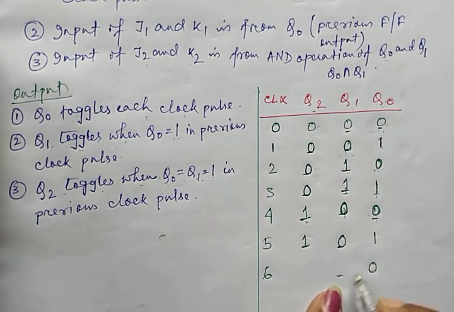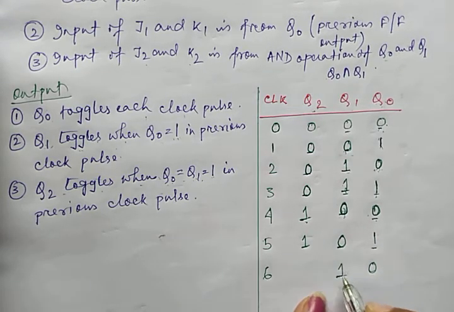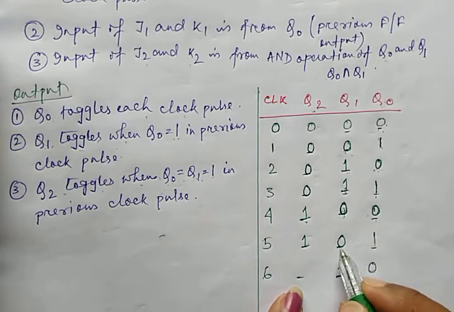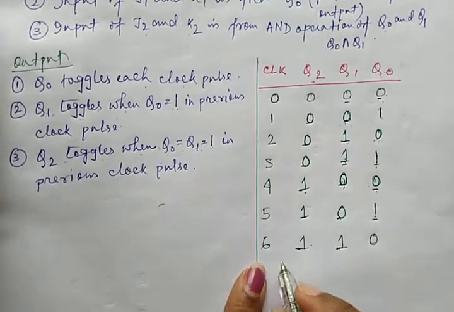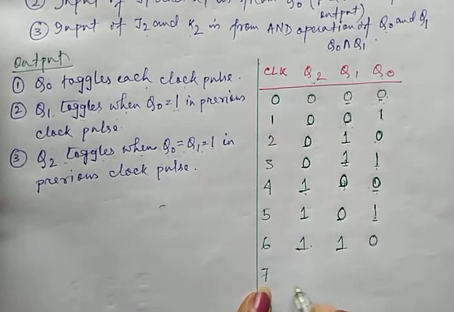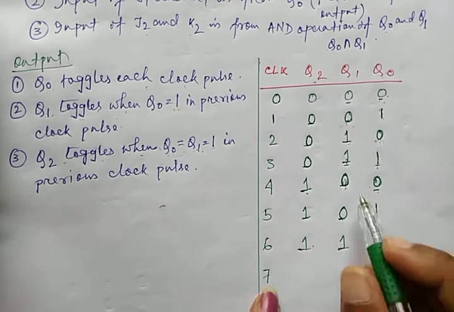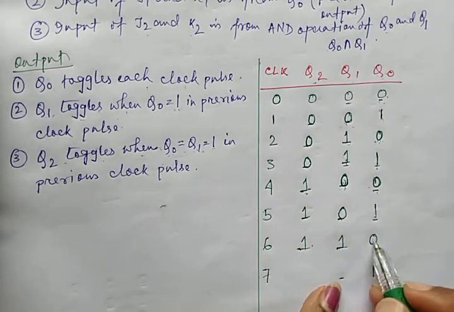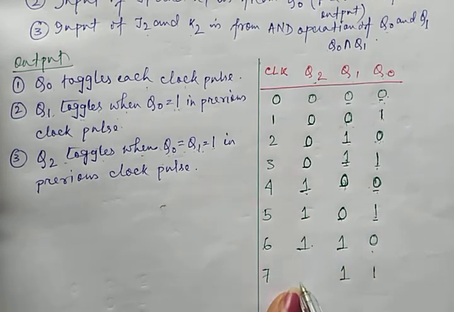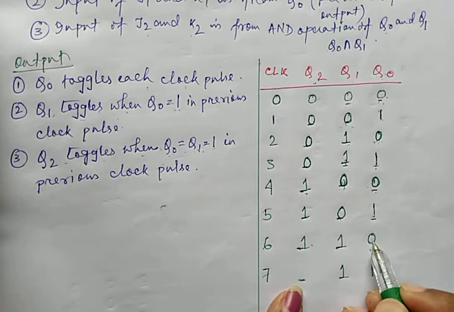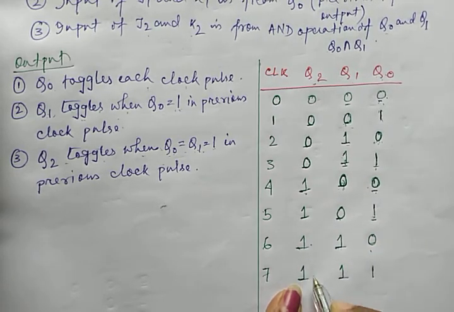For Q1, Q0 is 1 in the previous state, so it will again toggle. For the Q2 value, Q0 and Q1 both are not 1, so it will not change. For the next clock pulse, Q0 toggles, that is 1. For Q1, the previous value of Q0 is 0, so it will not change. For Q2, the previous values of Q0 and Q1 are not both 1, so it will again not change.